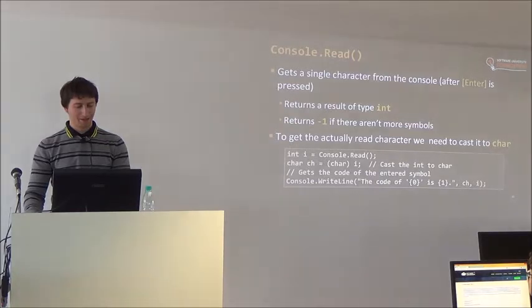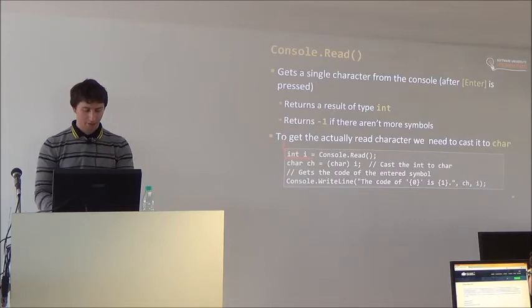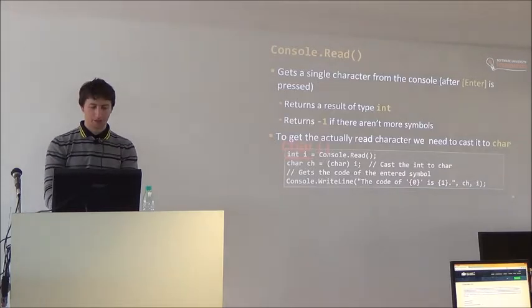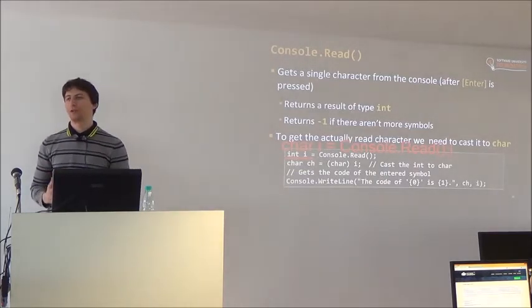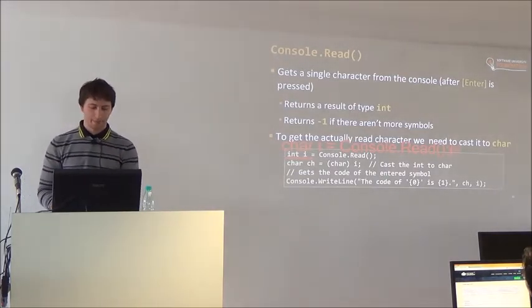So this is int I, and it's console read. So console read returns an integer. You cannot have a character here. You cannot say char I is equal to console.read, simply because the console read command does not give you a character, it gives an integer.